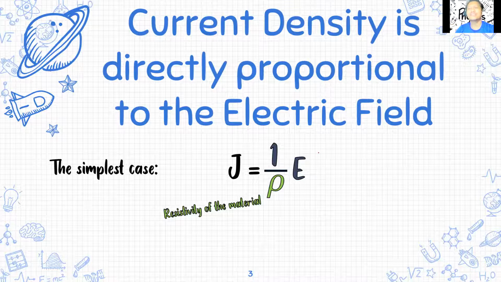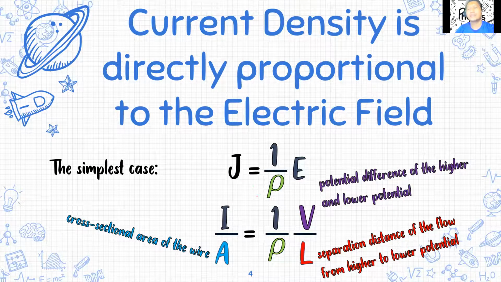Okay, recall again that in the simplest case, rho is not dependent on temperature. Okay, diri sa atong gamiton. And J is simply current per area.